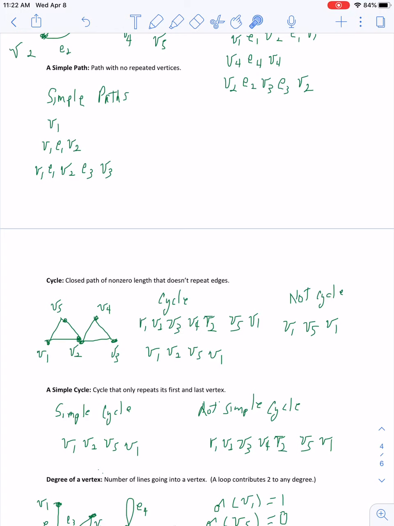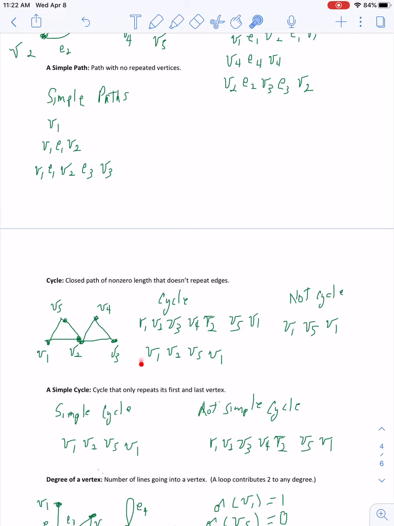If the edge is clear, there's no reason to write it. So here is a cycle right there. Follow it: V1 to V2 to V3 to V4 to V2 to V5 back to V1. That's a cycle. Get it?